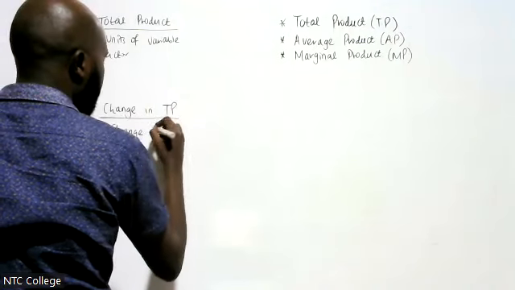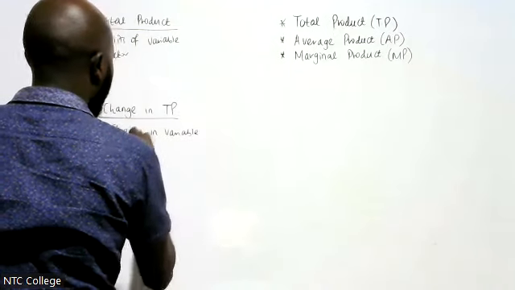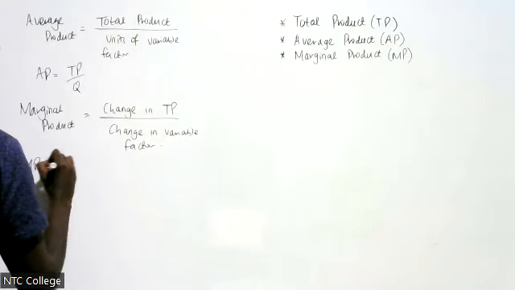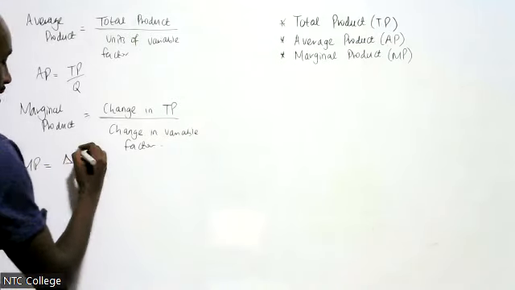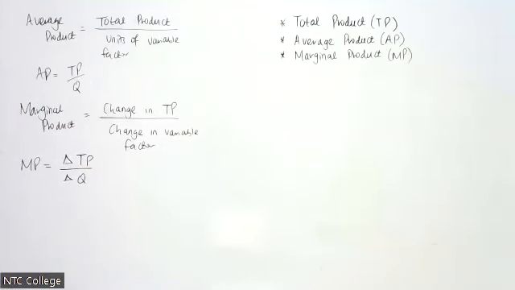So MP is equal to delta, this triangle is change. Delta TP, change in total product, over change in Q. And that is very important for us to be able to analyze this law, what it tells us.